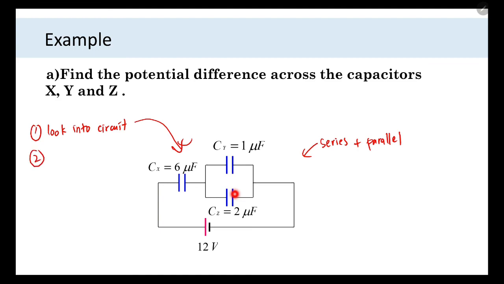If it is a combination, what you need to do is simplify the circuit. If there is a parallel, simplify the parallel first, then the series. And then you can find everything that the question asks you.